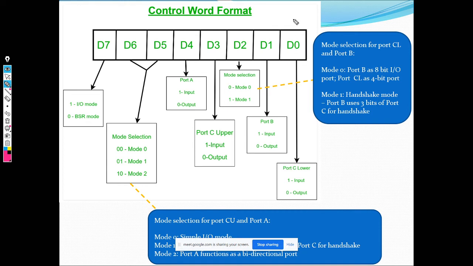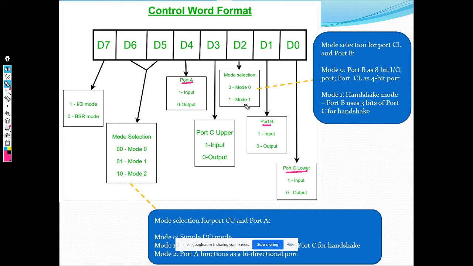D0, the least significant bit, is going to specify how your port C is configured, whether port C is going to behave like an input port or an output port. Similarly, D1 is going to specify for port B, and D4 is going to specify for port A.